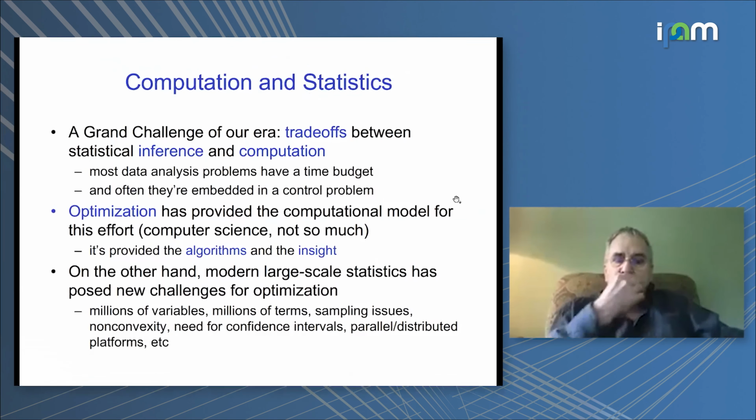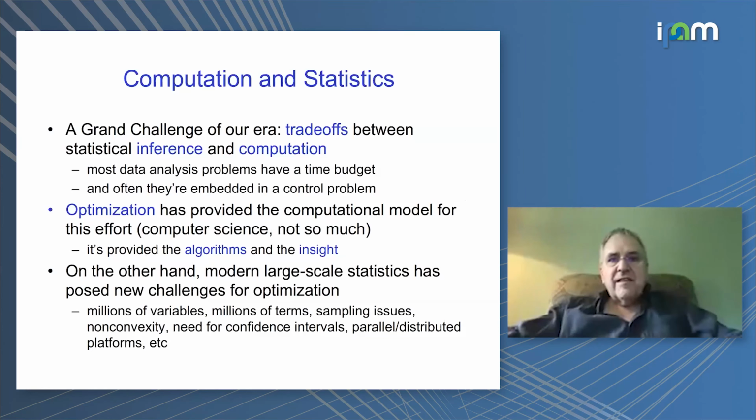Now, I'm driven to study these things because I have a big agenda in mind, which is computation meets statistics. Inferential ideas go back hundreds of years. Computational ideas maybe a little less, and the blend of them, to me, frames the biggest problems of our era. We want trade-offs between statistical inference and computation, and I don't think we have that yet.